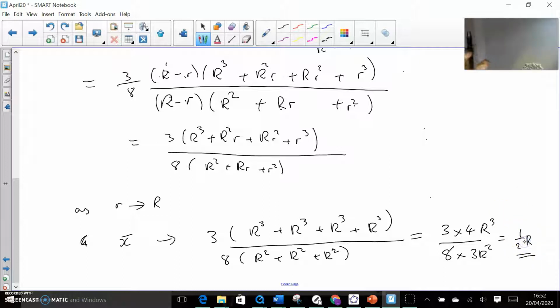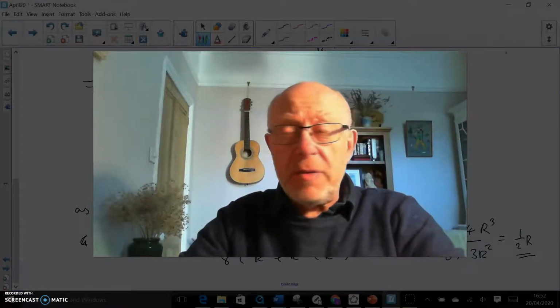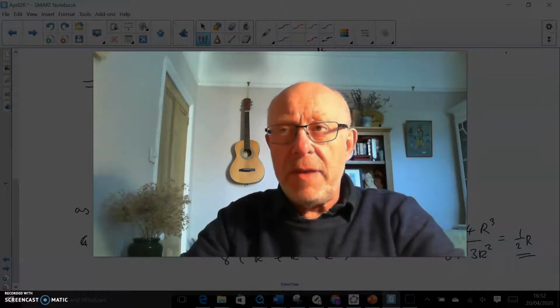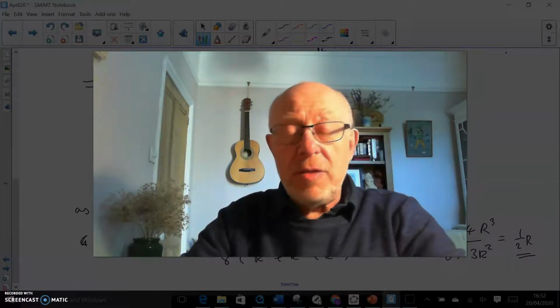So the centre of mass of a hemispherical shell of radius r is a half r from the centre. So that was the method of finding a centre of mass of a hemispherical shell without using calculus.